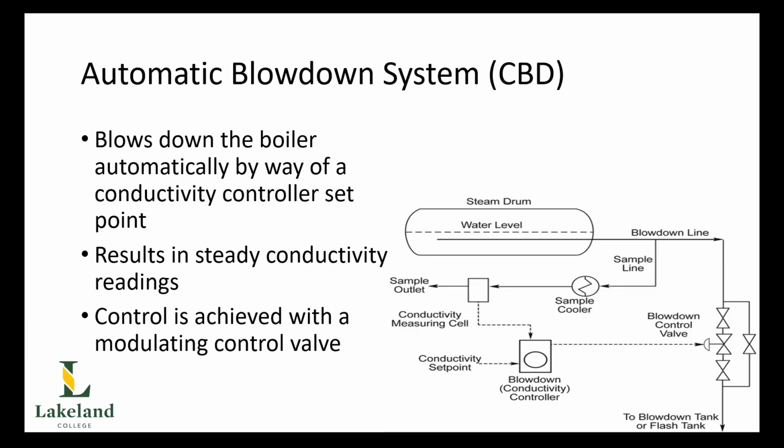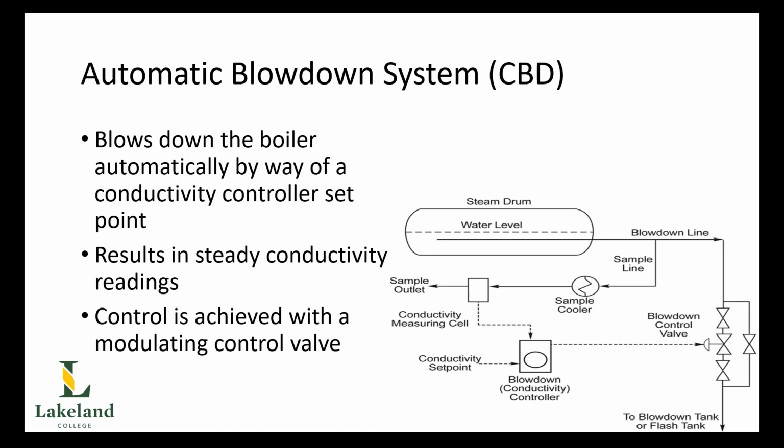Now, we can also have automatic blowdown systems, and these are typically found on much higher pressure boilers that run at much lower conductivities. Now, the idea is, if our boiler runs at a very low conductivity due to its high pressure, then the requirements for blowdown will not be as severe regarding CBD.